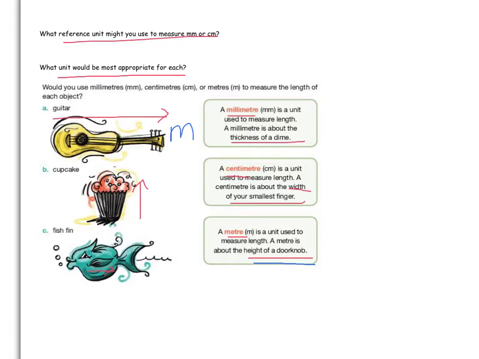A cupcake. The height of a cupcake is probably going to be centimeters. Could be millimeters, but centimeters is your better choice. And again, then your referent would be the width of your smallest finger, of your pinky finger. The fish fin of a tropical fish would be millimeters, and then would be the thickness of a dime.